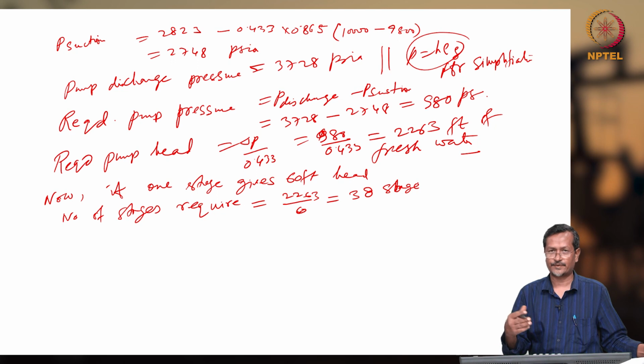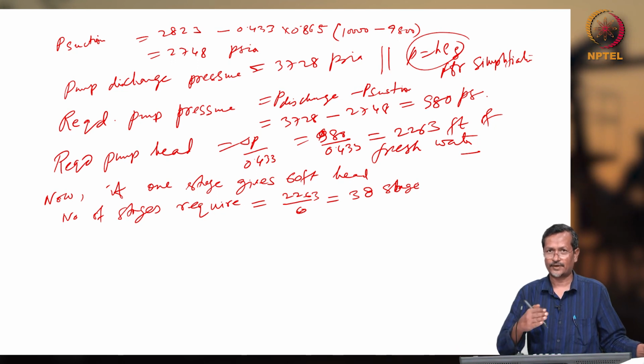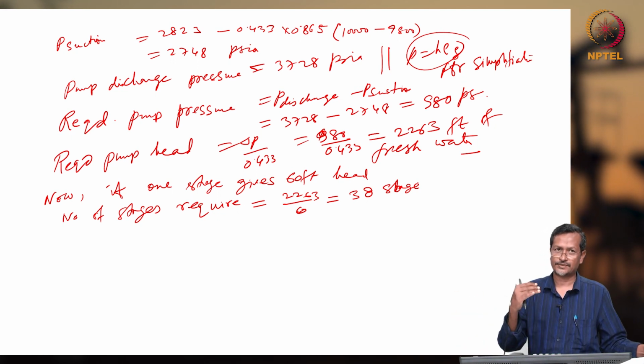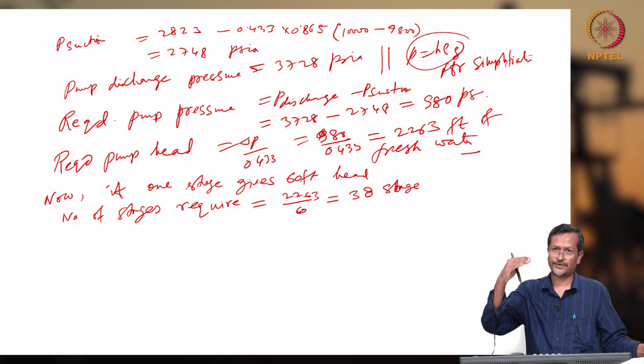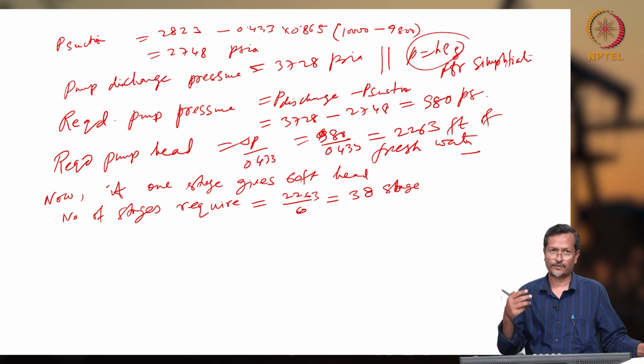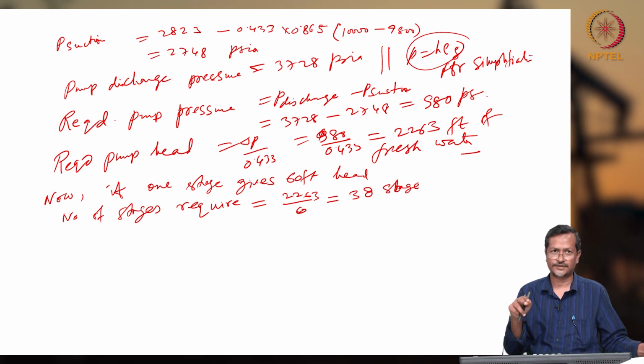If it is becoming a fraction, let's say 37.5 or something, then you have to take the higher one. You cannot take the lower one, otherwise you will not be able to deliver the required pressure. You have to deliver required pressure a little bit more than that. That's okay, because there will be several other losses that you are not counting at this moment.